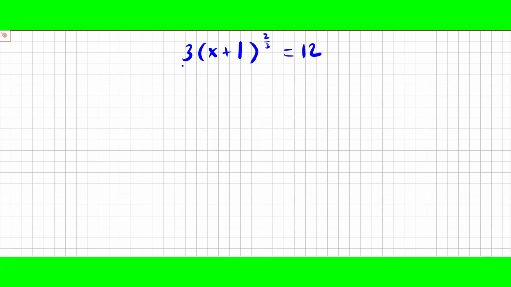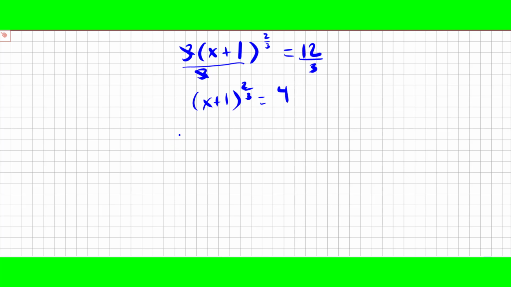I'm going to divide both sides by 3 first so I can begin to isolate my variable. So I've got (x plus 1) to the 2/3 equals 12 divided by 3, which is 4.